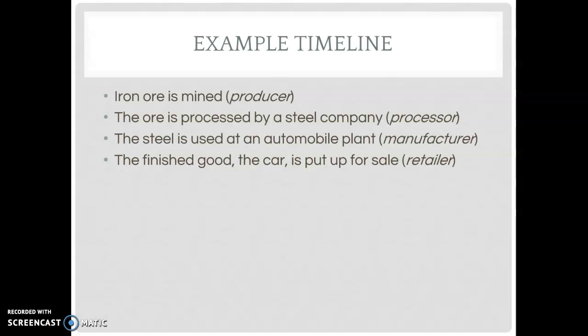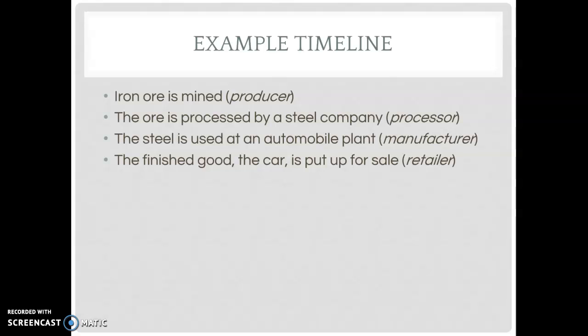So here's a timeline of how we might see a good going from that producer all the way to that retailer, to that consumer even. If we start with iron ore, a producer is going to gather that iron ore. That's the business that collects the iron ore. Then the ore is processed by a steel company.